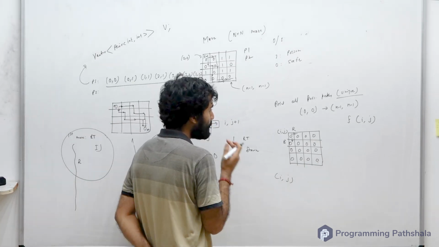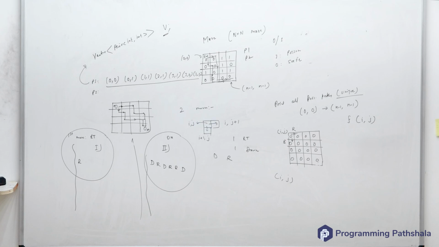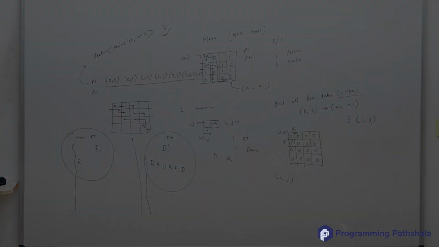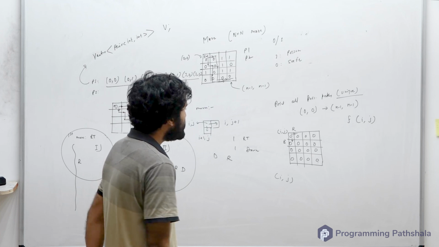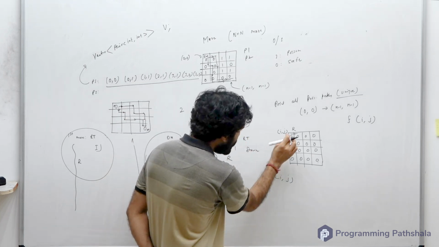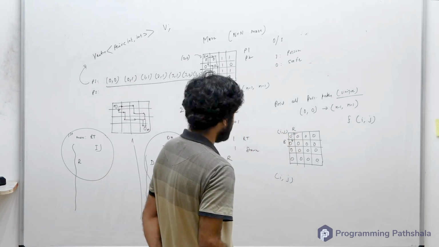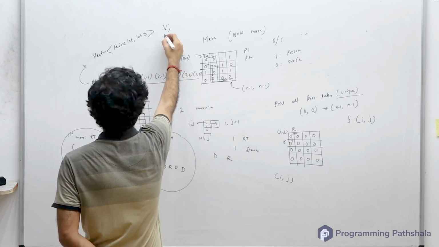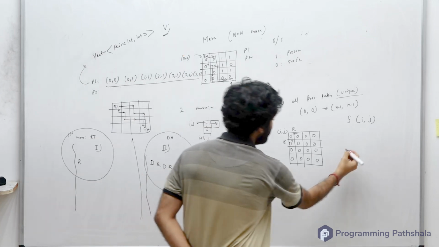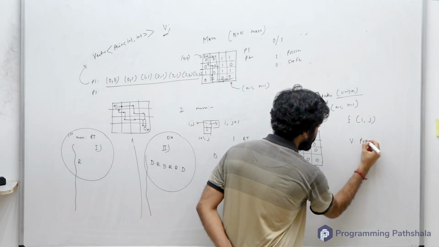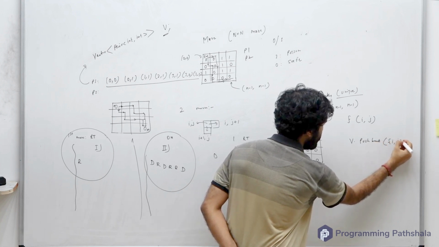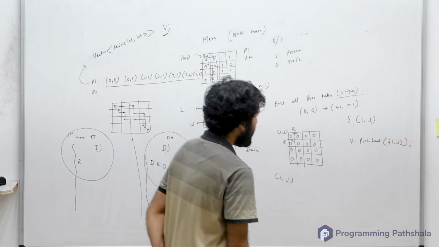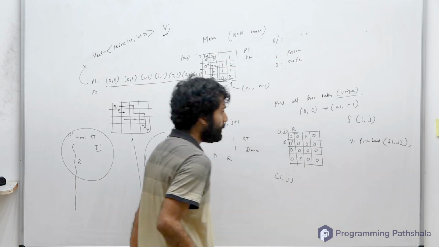So you have to somehow use this particular thing and then try to get your problem solved. Okay, so let us try to understand. If you are over here at a cell i comma j, then whatsoever is your vector, in that vector you will first want to push back the cell i comma j.